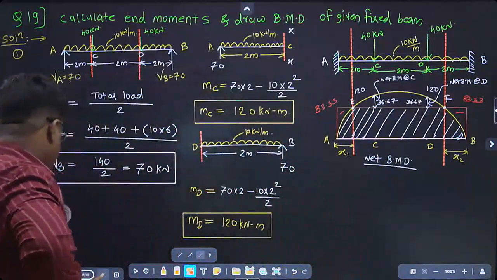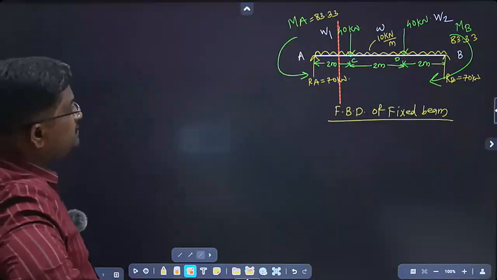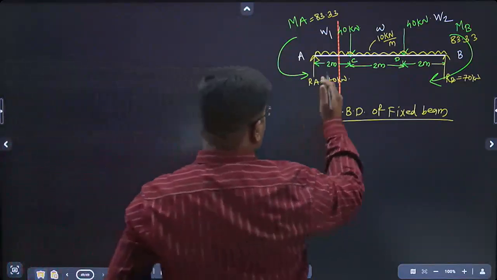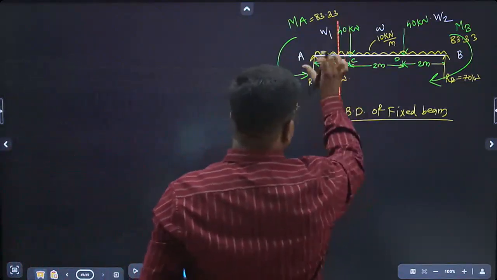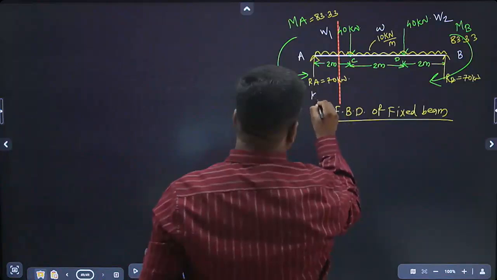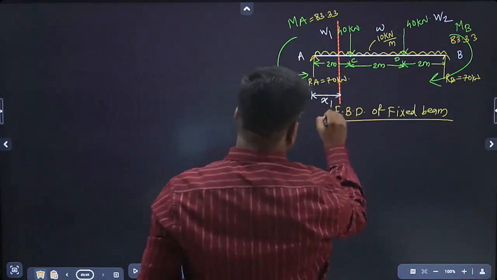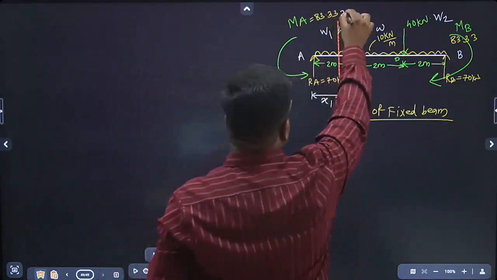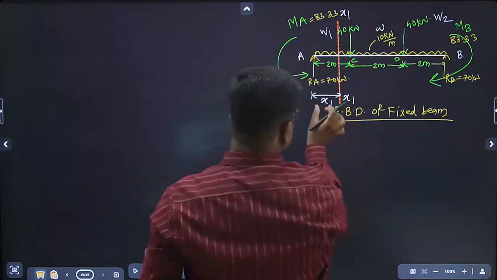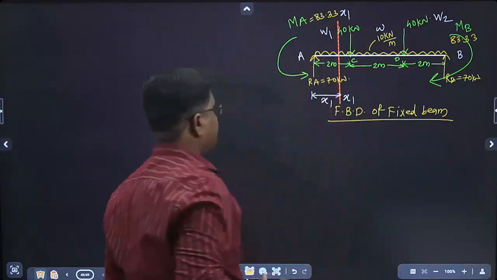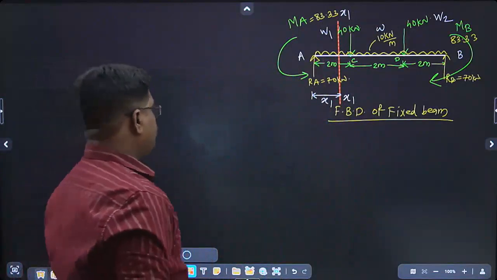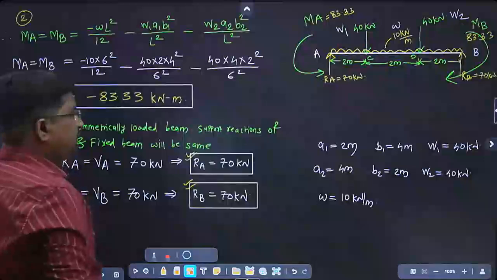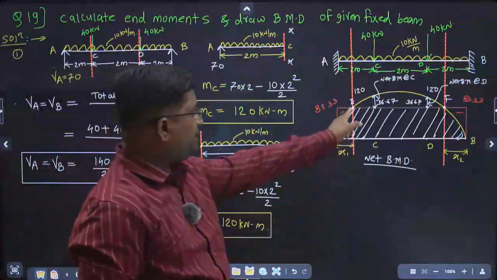So by considering this section in between A and C, we are assuming the distance is x1. This section is at a distance of x1 meter from A, and that point is E.